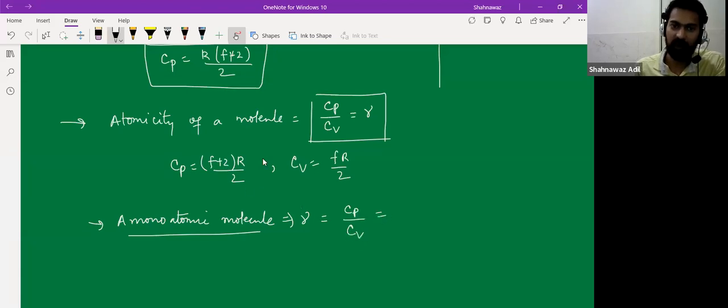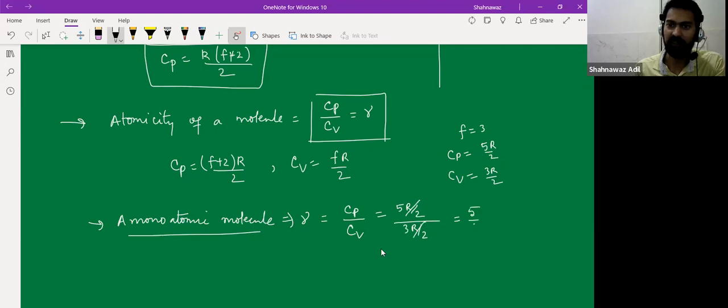And for monoatomic, we know f is 3. So Cp is 5R by 2, right? And Cv is 3R by 2. So R by 2 cancels, and we will have 5 by 3. Am I correct, guys? Yes, sir. For monoatomic, you have this atomicity.